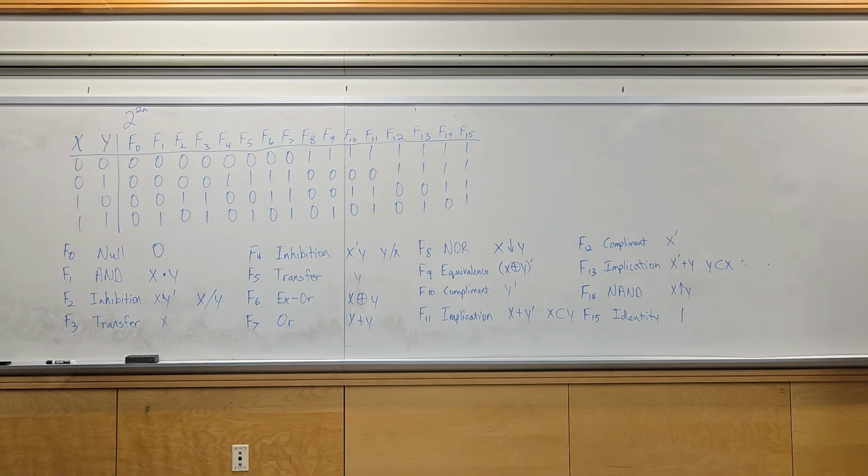So that's everything you could possibly do with 2 input variables. Now, if you had 3, it would be 2 to the 6th power, which is what is that? 64 or 32? 64 different functions with 3 variables.